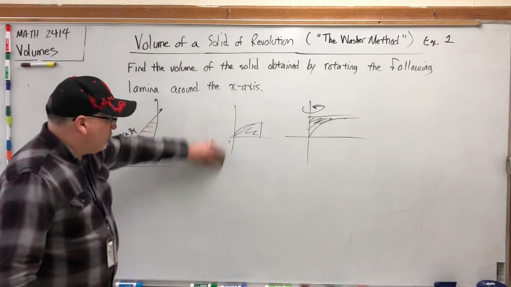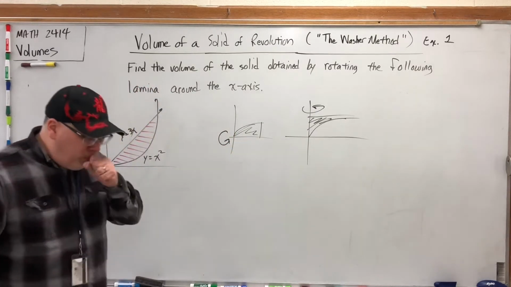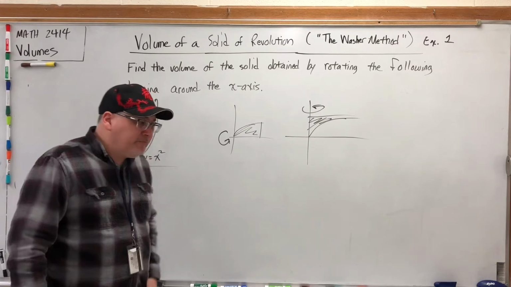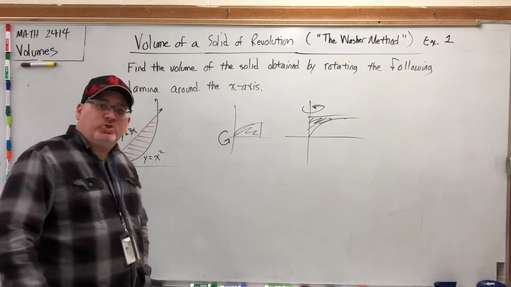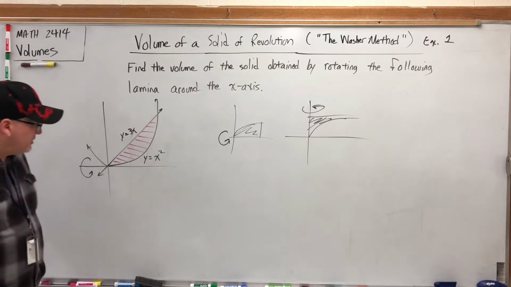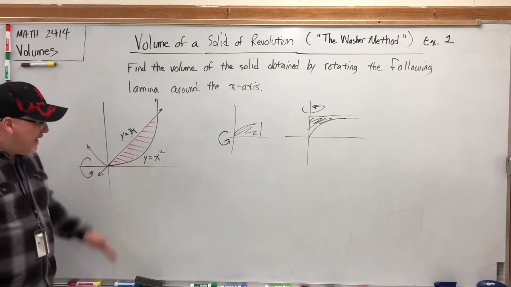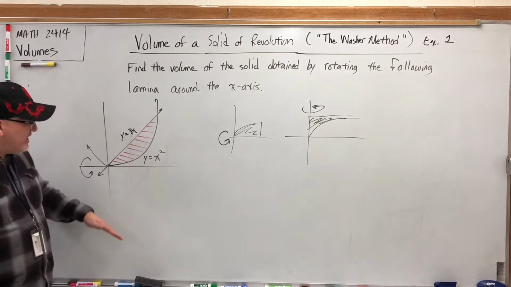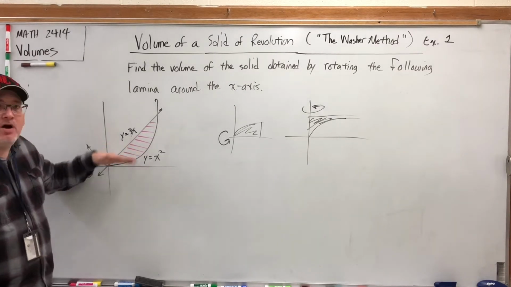Well, when we rotated around an axis that also served as a boundary of the lamina, the cross-section was a circle. But when the axis of rotation is not a boundary of the lamina, that means there is a gap between the axis of rotation and the bottom of the lamina.